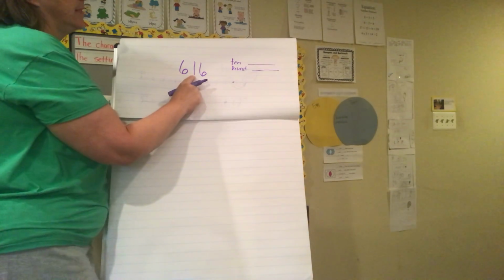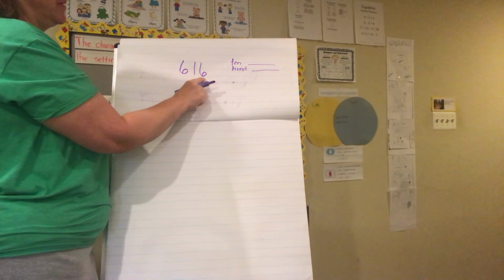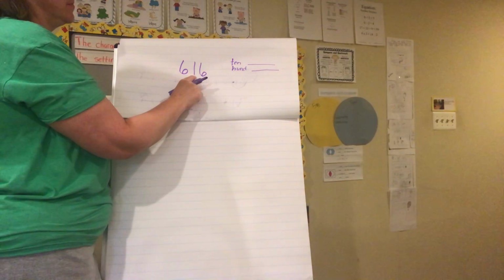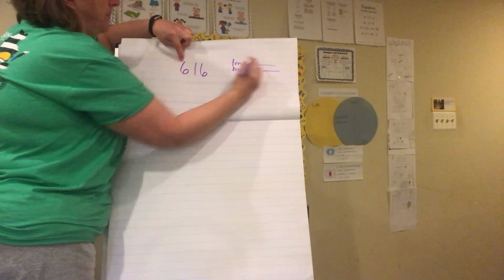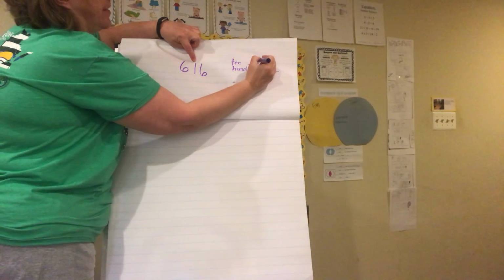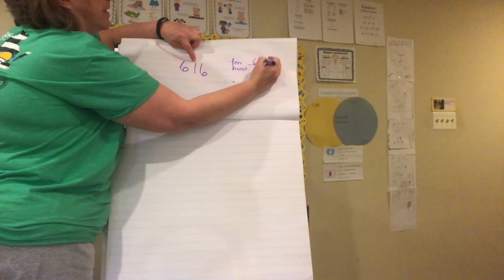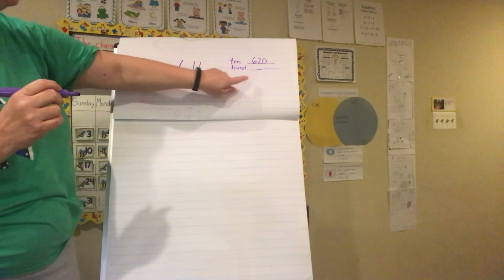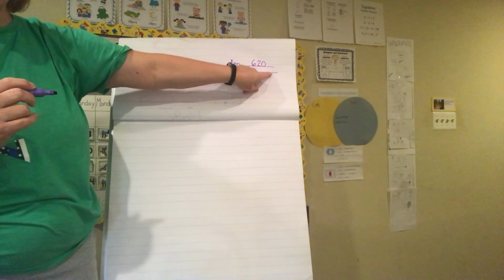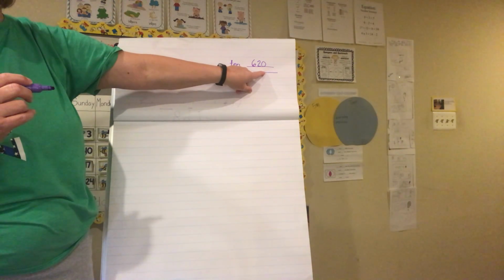If I'm rounding to the tens place, my eyes are going to the ones place. The 6 in the ones place tells me to give it a shove. I need to keep my 600, but I gave my 1 a shove, and I have to have a 0. If I'm rounding to the 10, I have to have a 0 in the ones place. If I'm rounding to the 100, I need to have a 0 in the ones place and in the hundreds place.